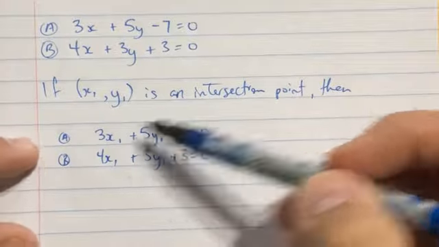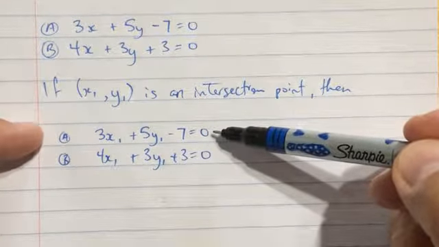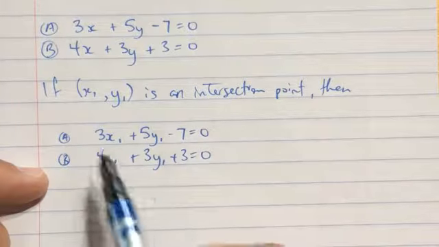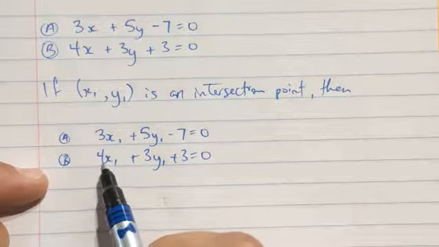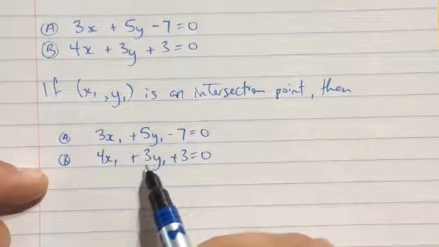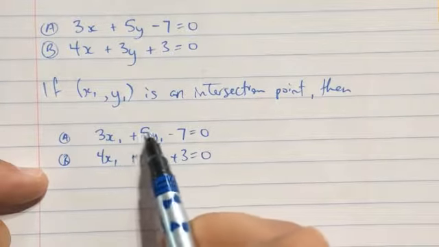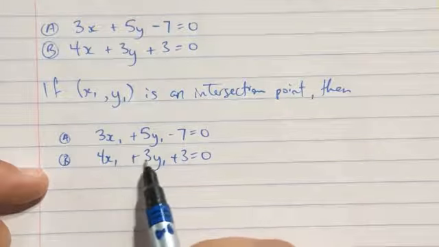Now, I can't, for example, double equation A to get something the same as B. If I double 3, I'll get 6. That's not 4. If I double 5, I'll get 10. And so I can't double anything here, and similarly, I can't double anything there.